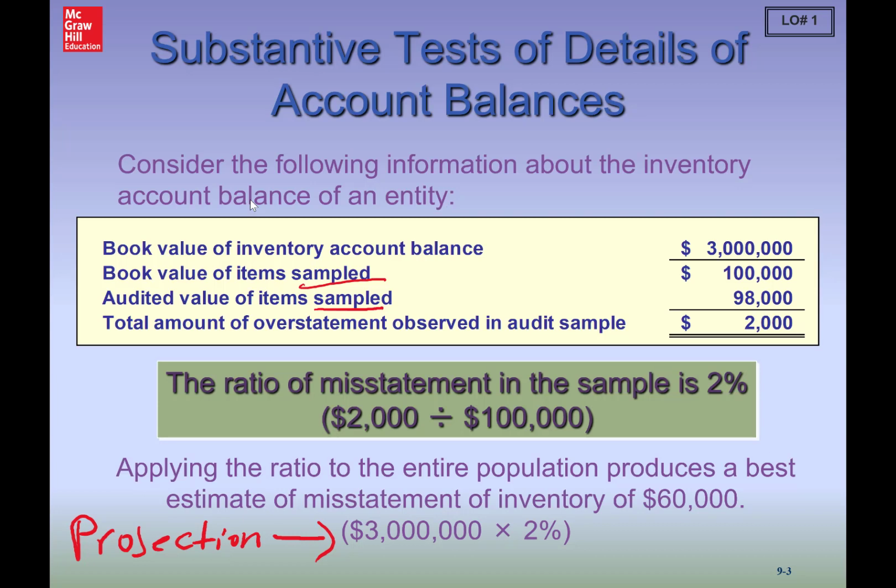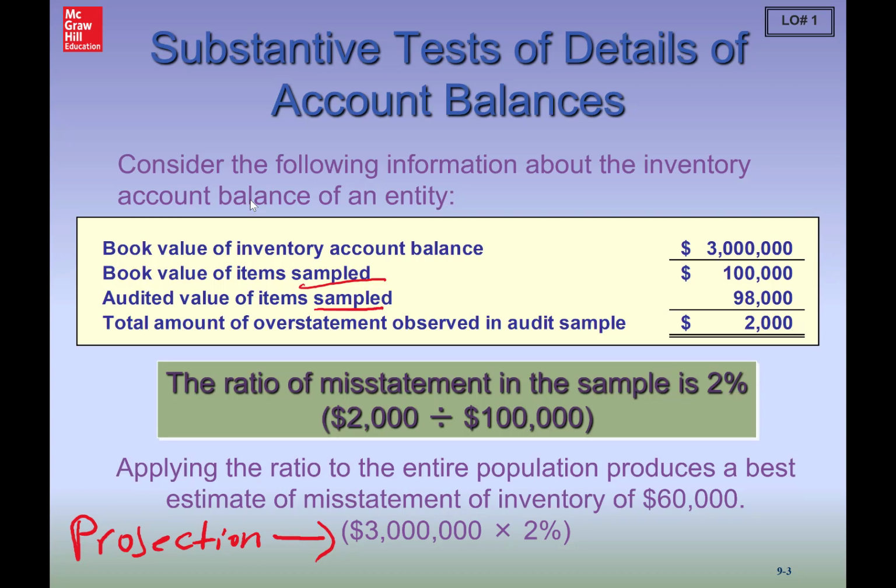Or maybe there were some inventory items that they said they had, but when we went and looked for those items, we couldn't find them. So the correct book value, the audited book value, is 98. That's a $2,000 overstatement in this particular case.